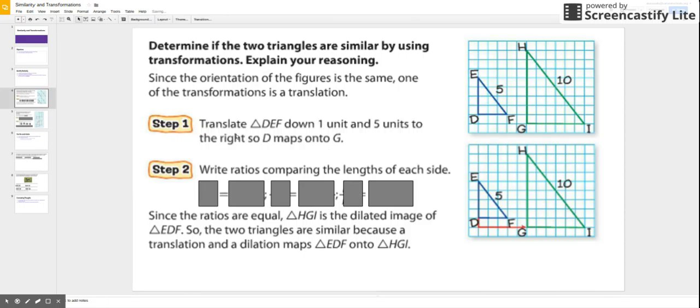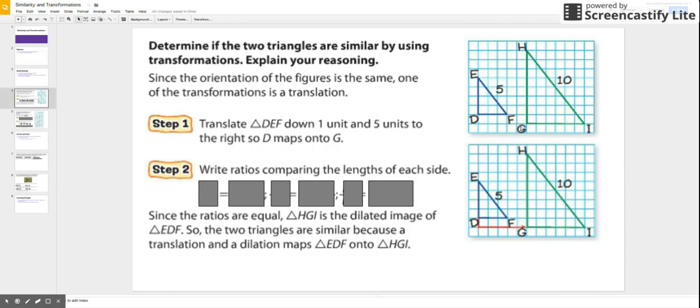Step 1. Let's translate triangle DEF 1 unit down and 5 units to the right so that D maps onto G. You can really pick any one of these points.